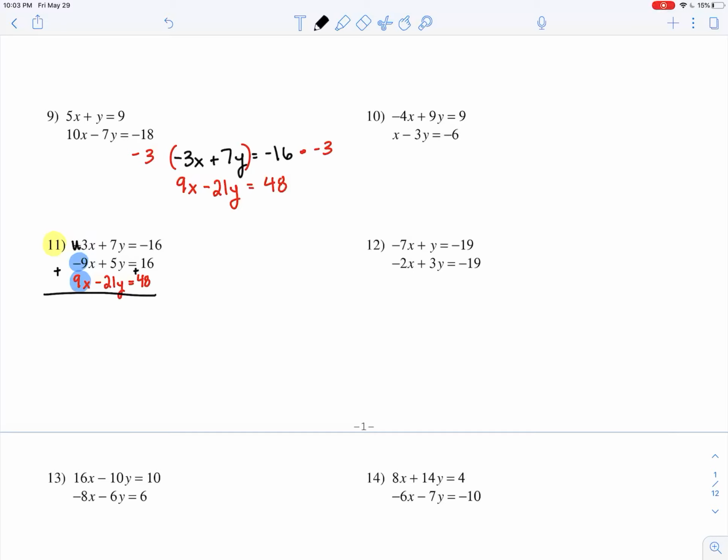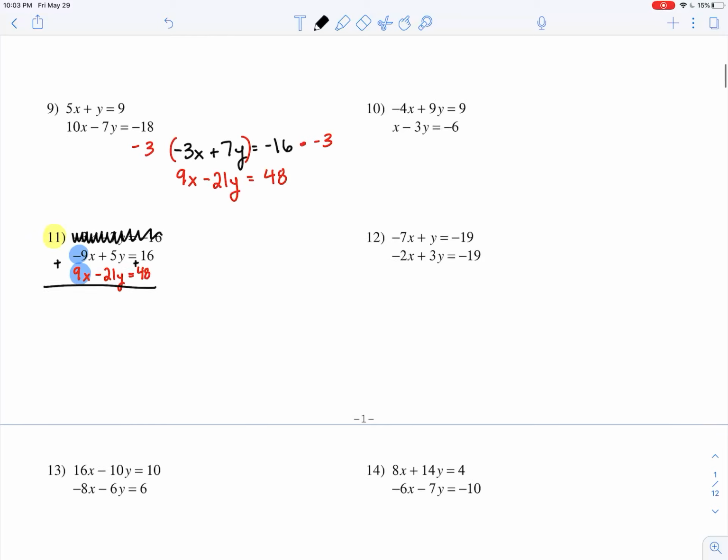Of course, we can ignore the top equation now because I changed it into this one. So the x's cancel each other out, and we're left with nothing there. 5y plus -21y is -16y, and that is equal to 16 plus 48, which is 64.